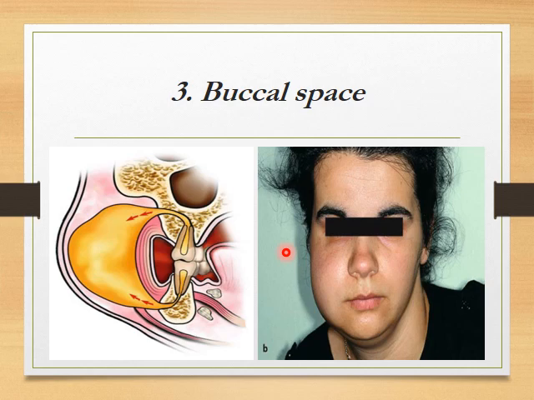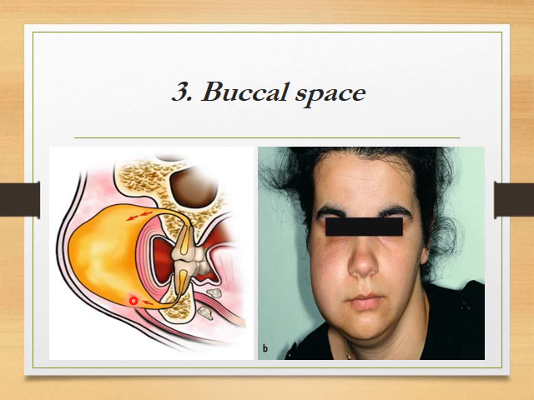As I said, the infection of this space will come either from the maxillary teeth when the infection erodes above the attachment of the buccinator, or from the mandibular teeth when the infection erodes below the attachment of the buccinator. Posterior maxillary teeth, most commonly molars and rarely premolars, can cause most buccal space infections.